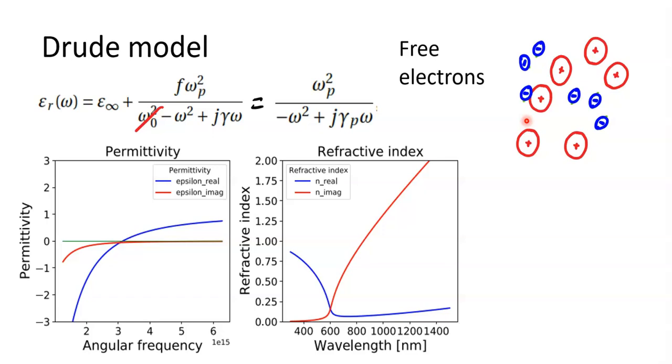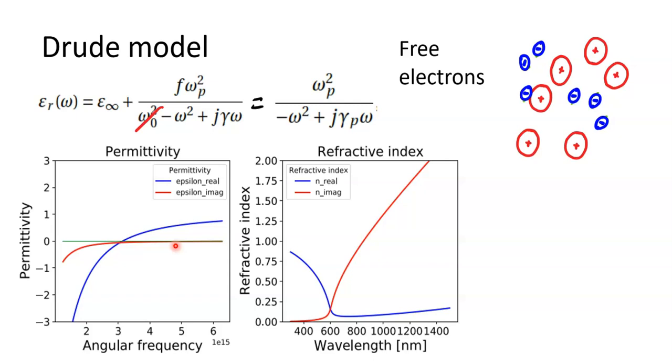This model still has some damping, which is a result of collisions of the free electrons with nucleus. This damping results in small complex part of permittivity. Below is an example how the permittivity and refractive index look like as a function of frequency and wavelength.